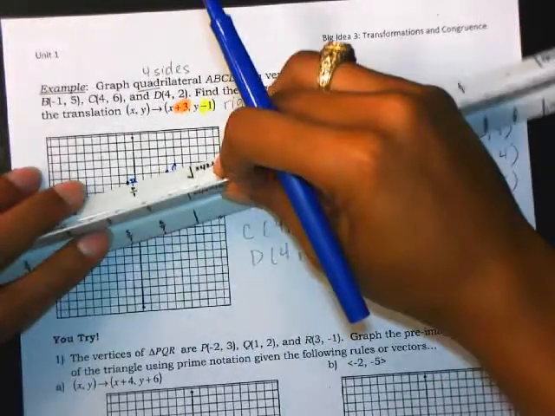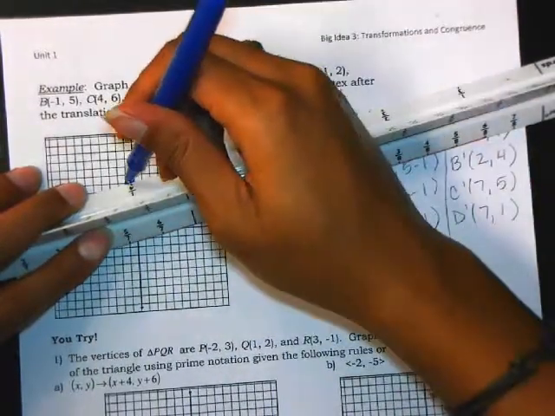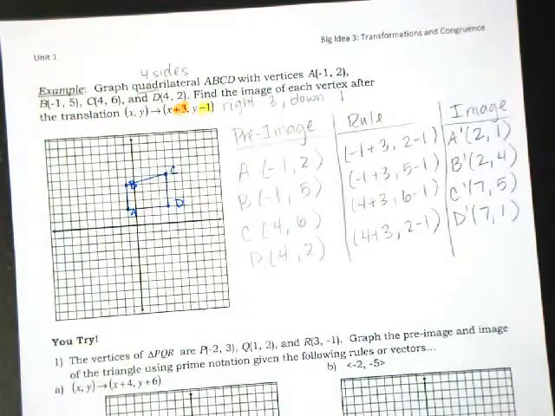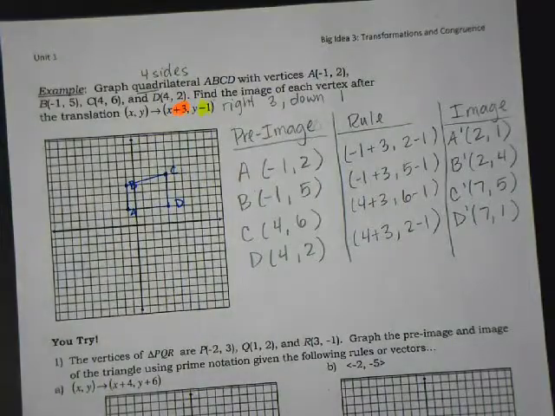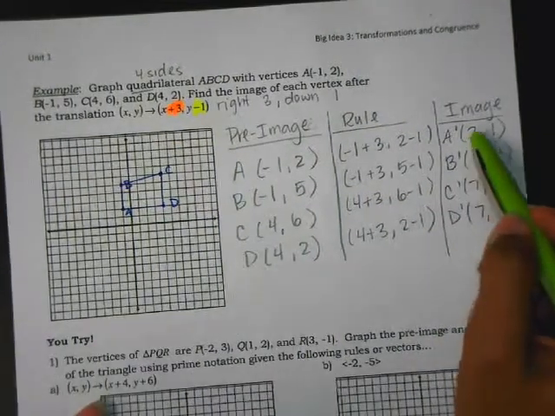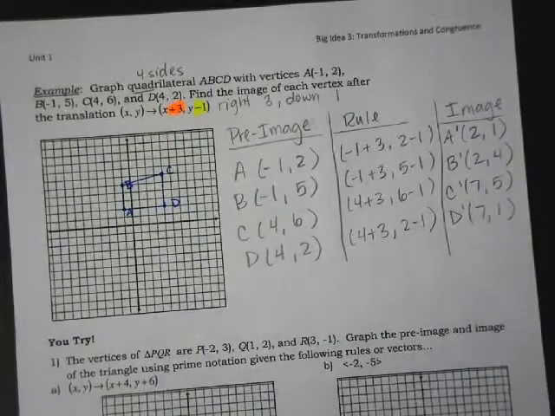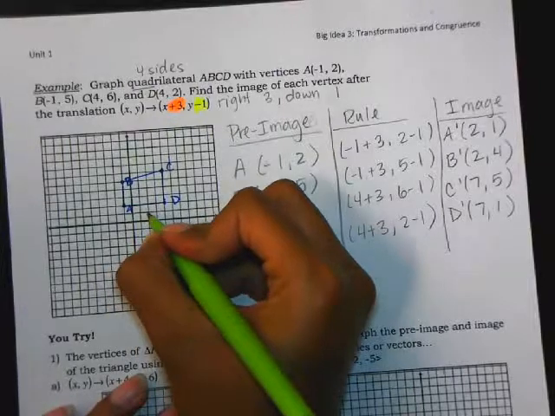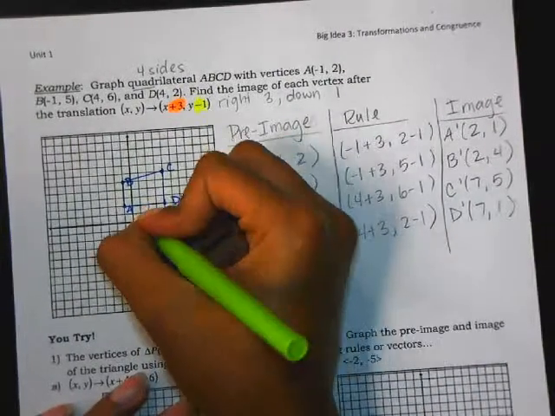Now let's see where our image ended up. Okay? And to graph the image, I'm going to use the color green, and I'm going to use these points over here on the end. So I need to graph A prime at 2, 1. So that's A prime. B is going to be at 2, 4. That's B prime.